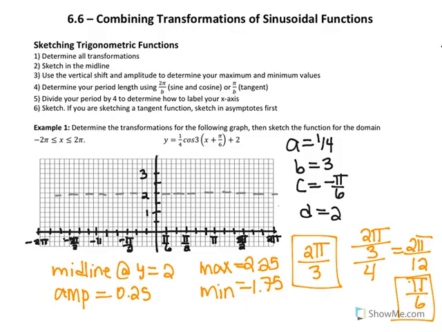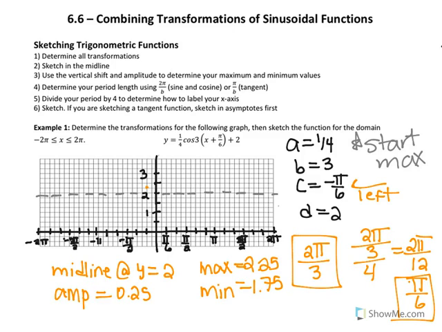It's a cosine function, so I'm going to start at max. And I'm going to start at my max, pi over 6 to the left. So pi over 6 to the left, I'm going to start at the maximum, which is 2.25. Which will be right there.